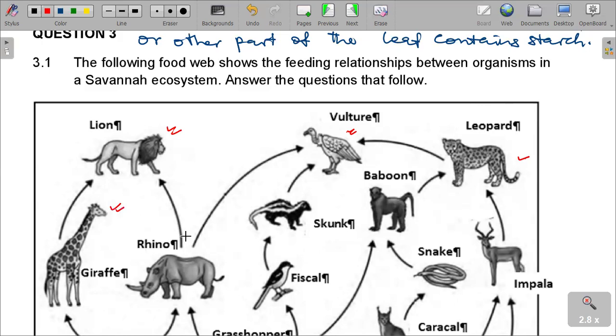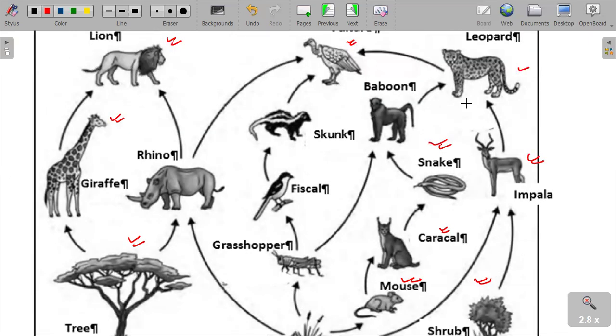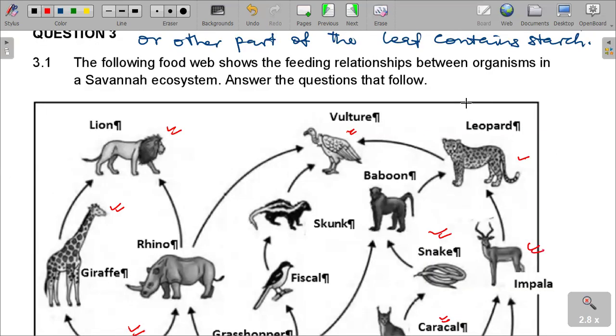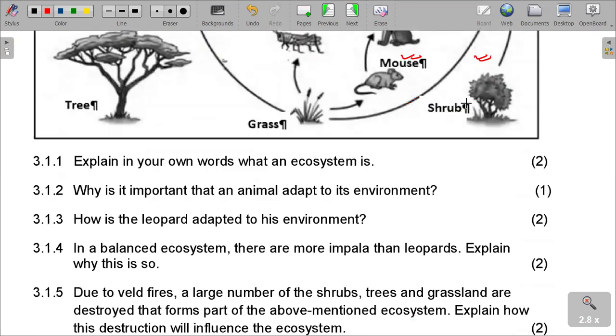Grasshopper, the tree, the mouse, the caracal, the shrub, impala, snake, all these are shown on our food web, on our ecosystem. So the first question is saying, explain in your own words what an ecosystem is.